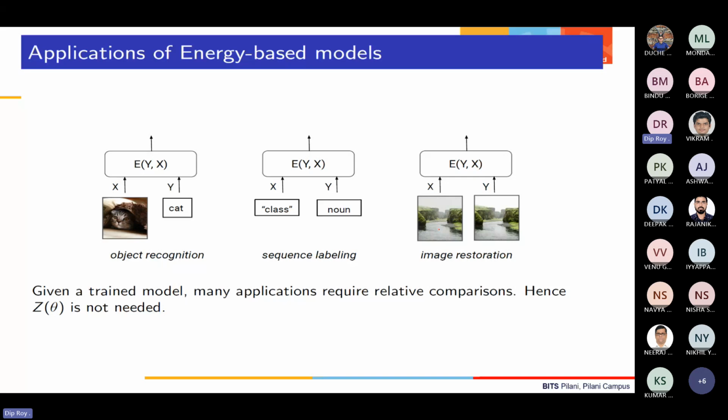For example, you want to say whether it is a cat or a dog, right? If you are able to compare the relative information, the partition functions are not needed.